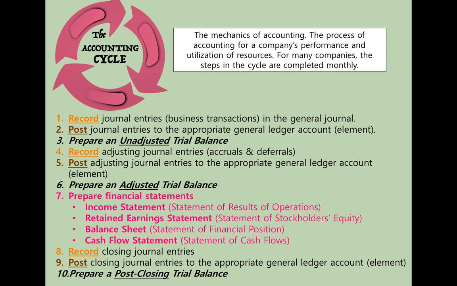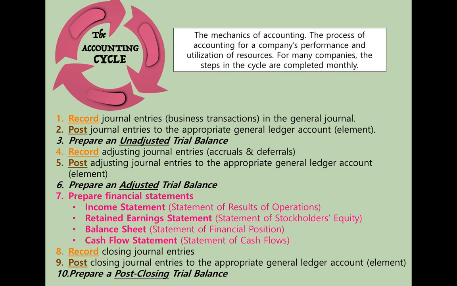Fourth, we're going to record adjustments, accruals, and deferrals. We're going to post those adjustments and then prepare an adjusted trial balance. From there, we have the ability and the right numbers to put together financial statements.